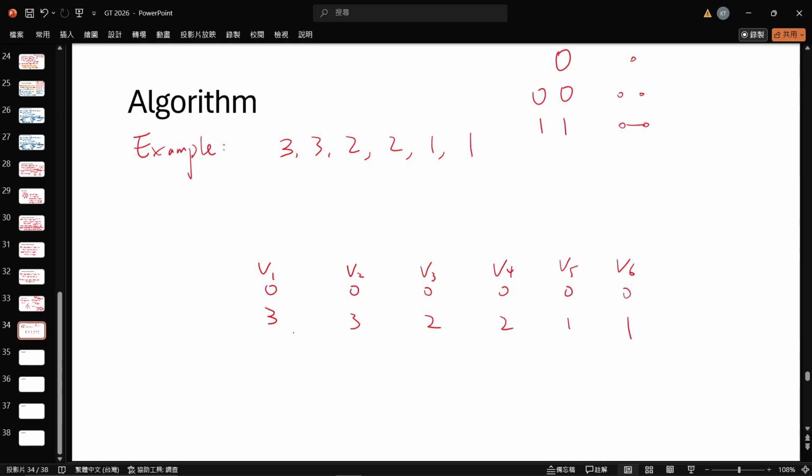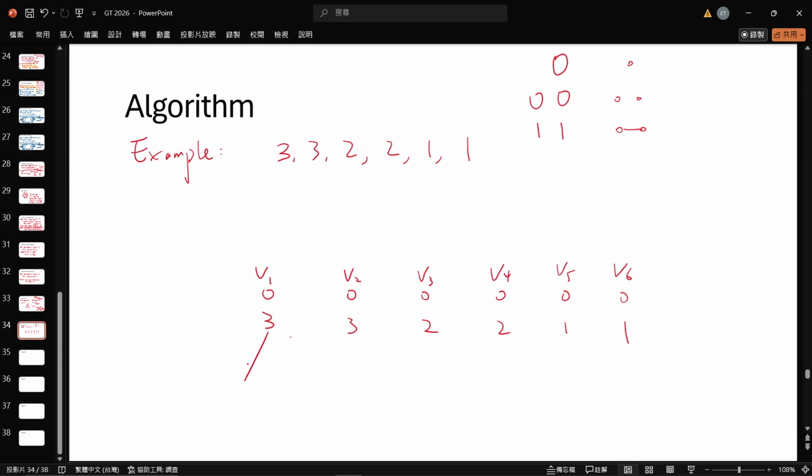So I think a very natural way is that you just pick a vertex, any vertex. For example, we pick V1. Since we have to add 3 edges to V1, we have to find 3 neighbors for V1, and we create the edges.